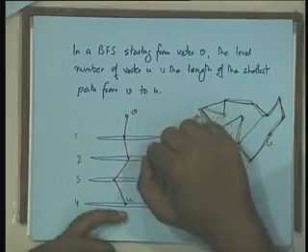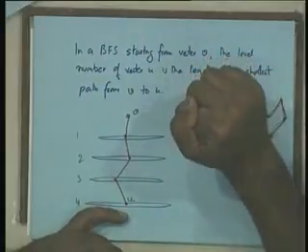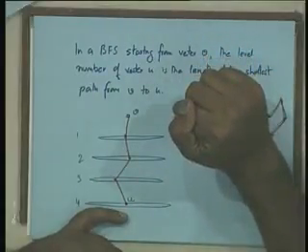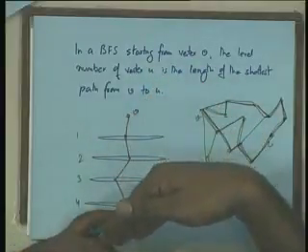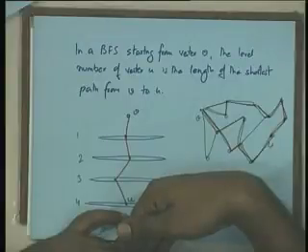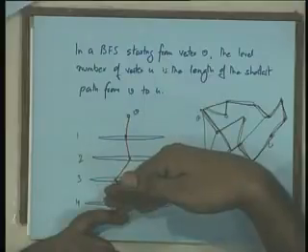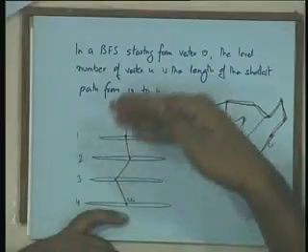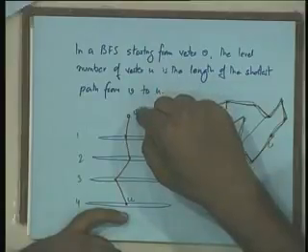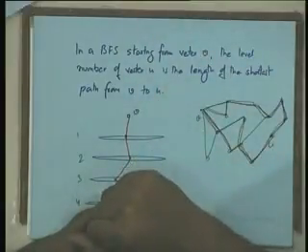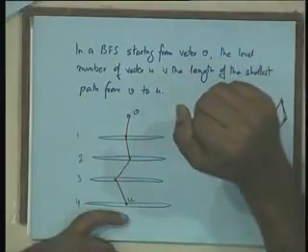But if it jumps a level, then it violates our breadth first search property. That shows that this process also gives you the shortest path, and the shortest path is just the distance, the level number of each vertex. So, if I wanted to find the shortest path from a certain vertex, all I have to do is a breadth first search, and the level number would give me the length of the shortest path.